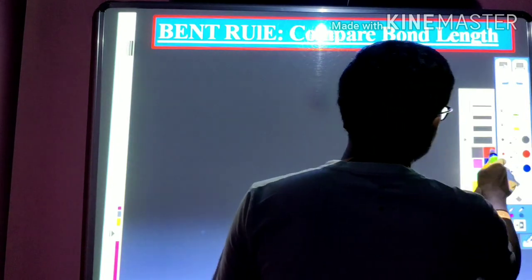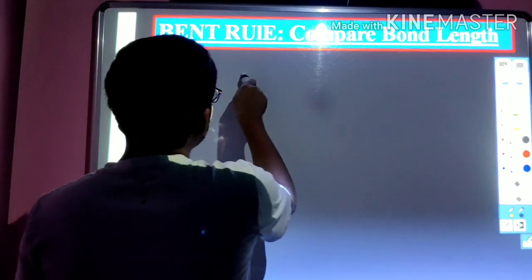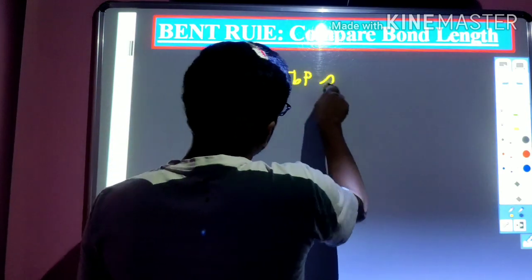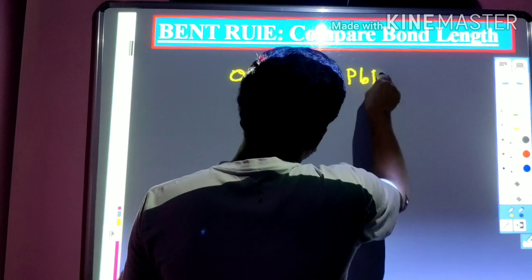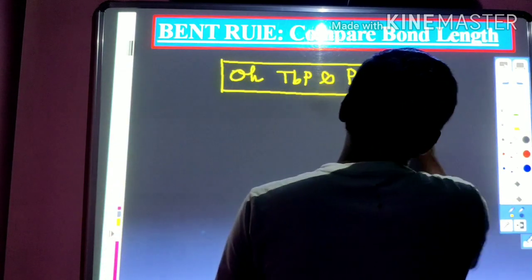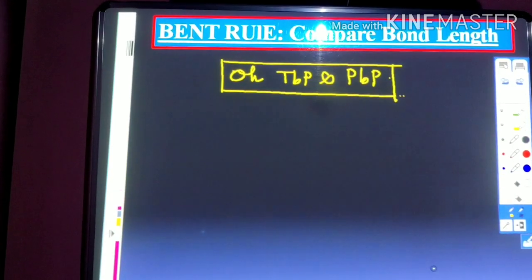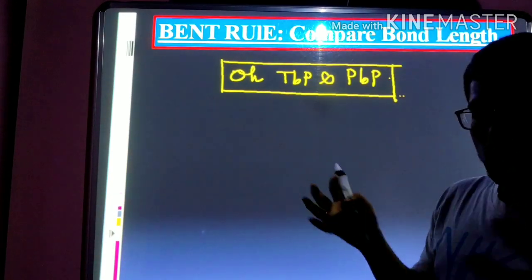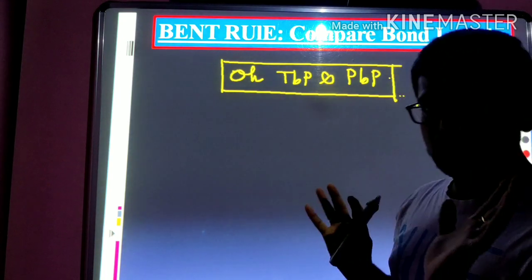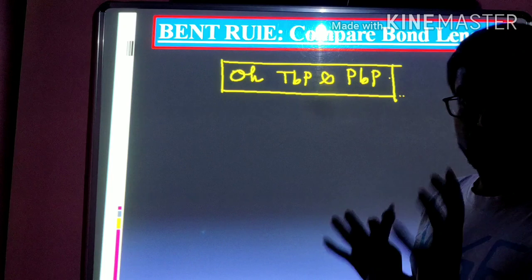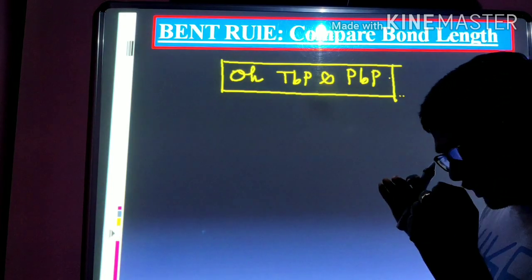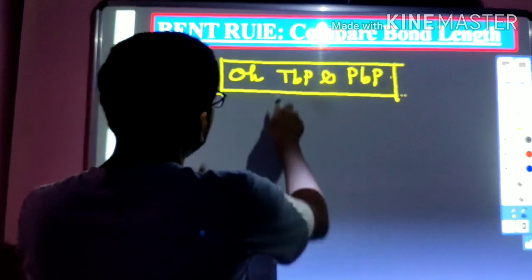Now, if you look at octahedral, PBP and pentagonal bipyramidal geometry, in these three geometries, where will the lone pair and the bond pair be positioned?